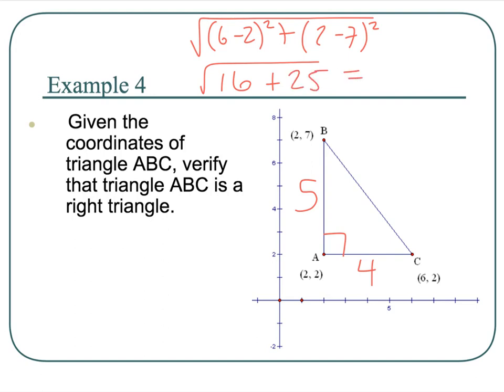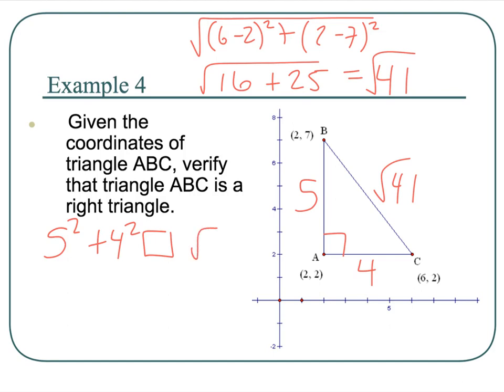So that's 16 plus 25, that's 41. So it's the square root of 41. That's what I get from the distance formula. Well, let's see if my Pythagorean theorem would hold true. So I get 5 squared plus 4 squared is equal to, well, we don't know if it's equal to. We'll leave a little box there. Square root of 41 squared.